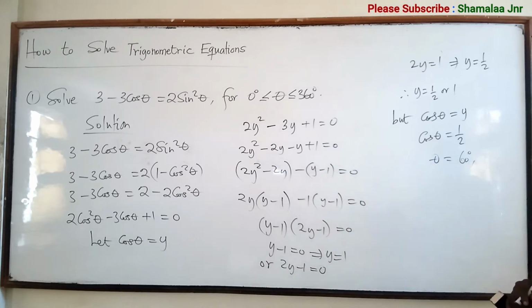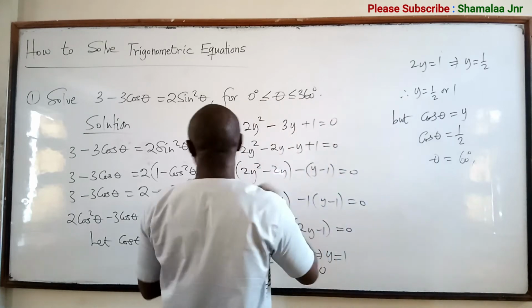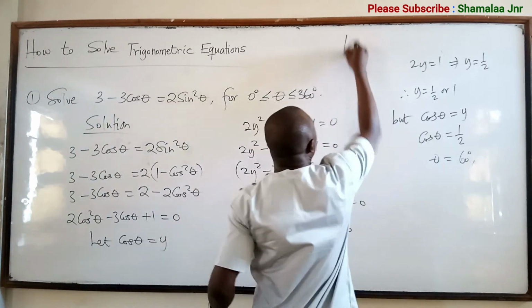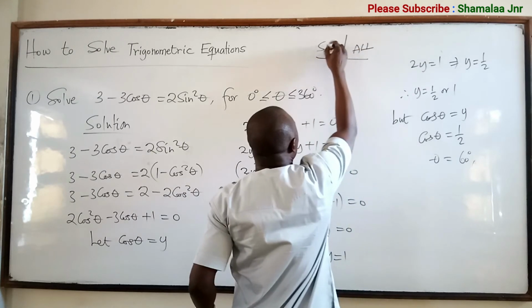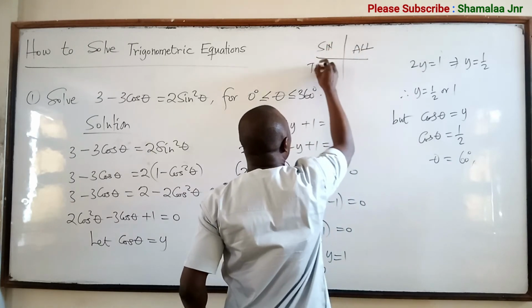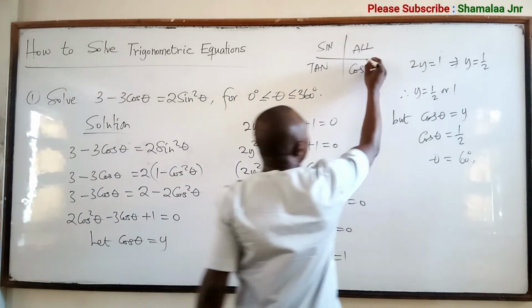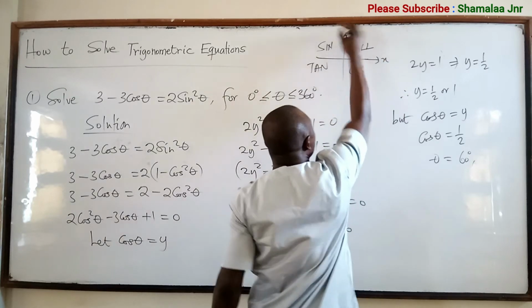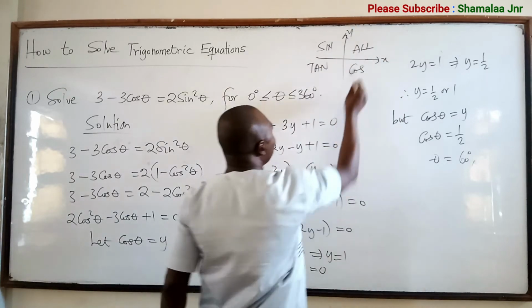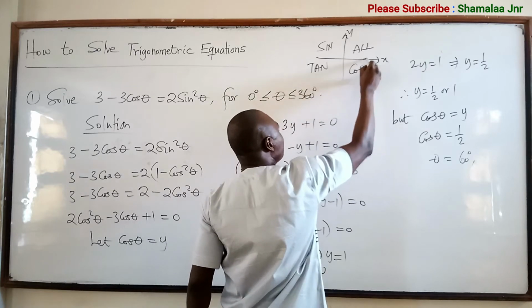What again? Now let's look at this. We have what we call all, sine, tan, cos. And this is the positive x-axis, this is the x-axis, this is the y-axis. Now what this means is that the angles are measured anti-clockwise from here, this way.